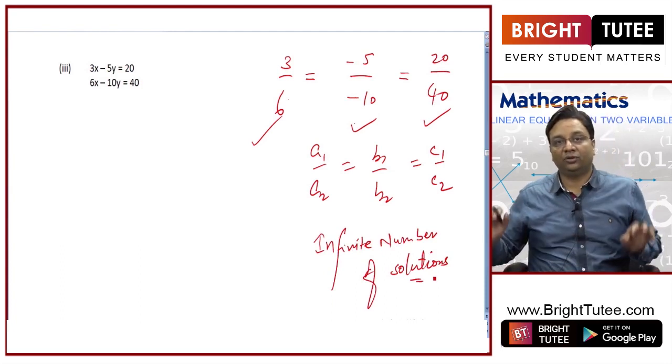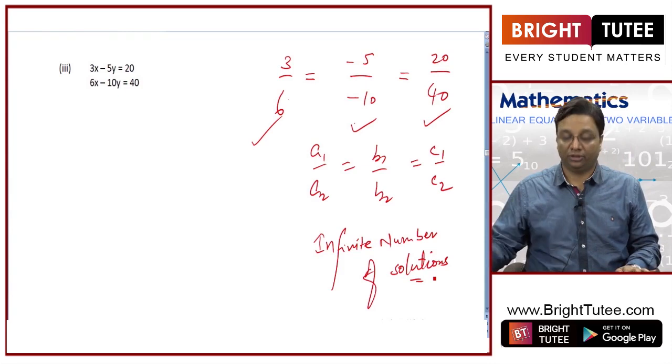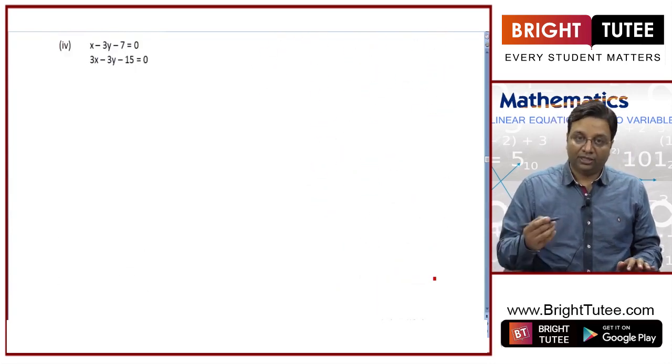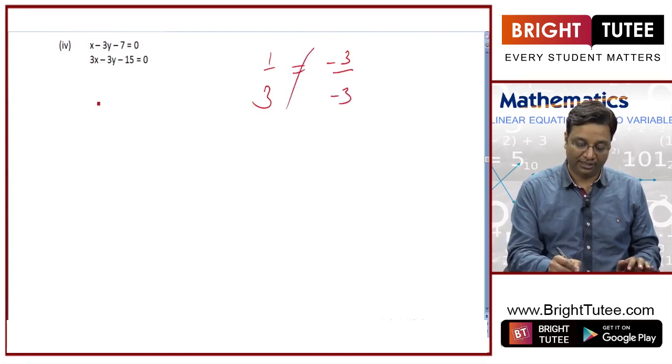And we don't have to solve it any further, right? Because we just need to solve in case of unique solution. Look at this one: 1 by 3, minus 3 by minus 3. So we see that these two are not equal, hence unique solution.